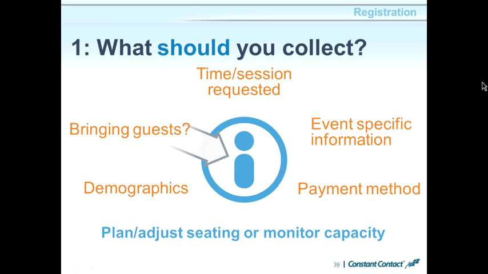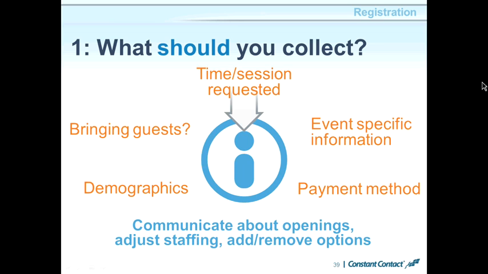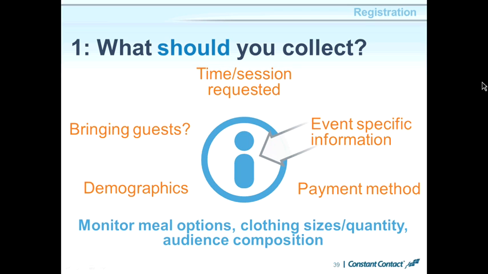If you're allowing guests, collect that information, especially so you can manage your seating and event capacity. If you have different session options, asking ahead of time what your attendees will do will help you communicate about openings, adjust staffing, even add or remove or talk up different options.